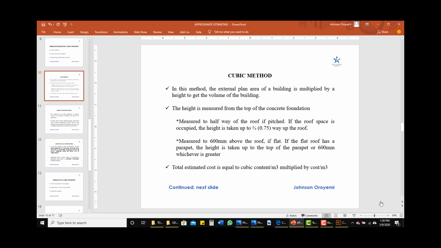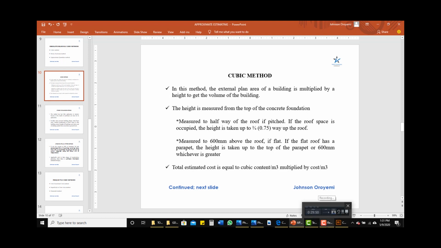It derives its name from the cubic content of the building, that's from the length, the breadth, and the height of the building. But there are some rules when it comes to how to go about the calculation when you are measuring. Number one thing is that the length and the area of the building is measured from the external face of the perimeter wall to the other external face.